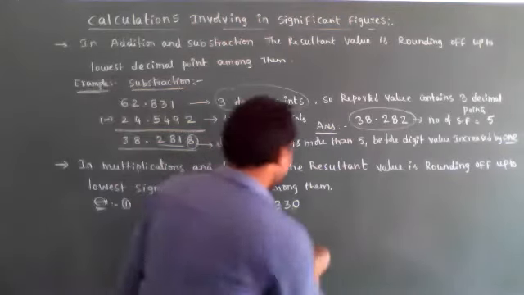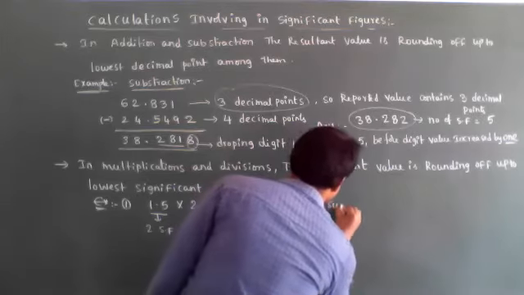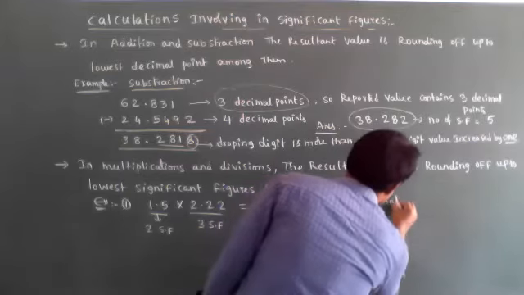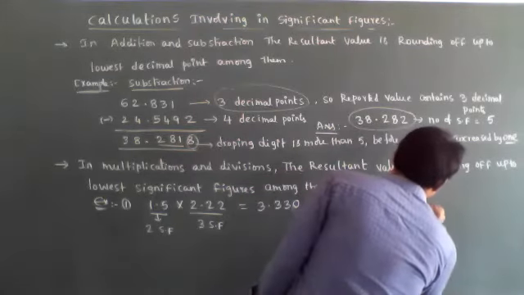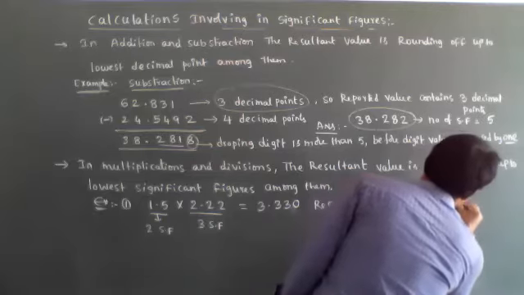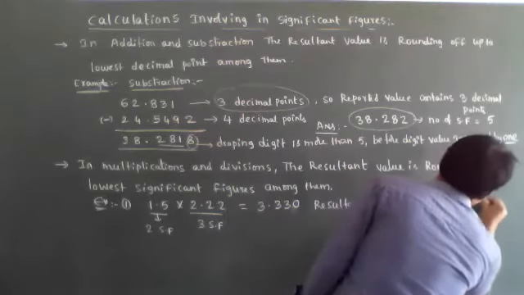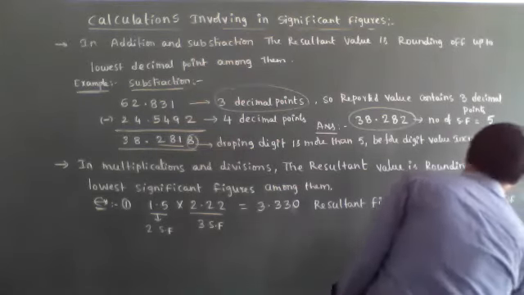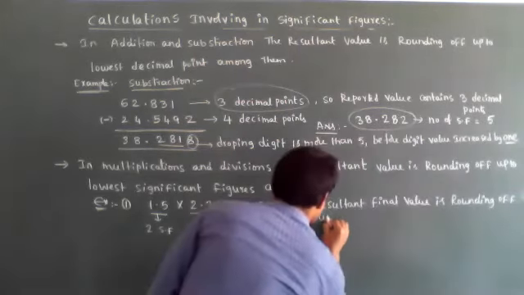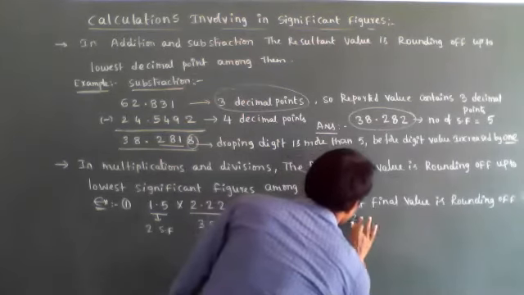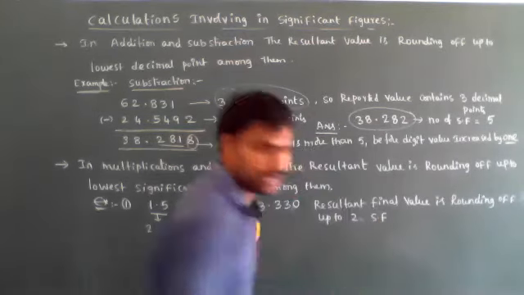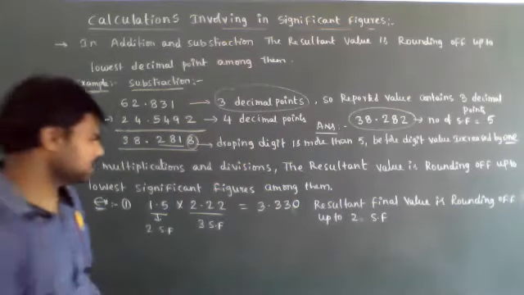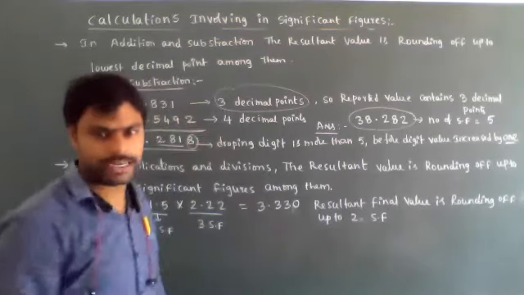So the resultant final value is rounded off up to 2 significant figures. Now tell me what is the answer? We are getting 3.330.